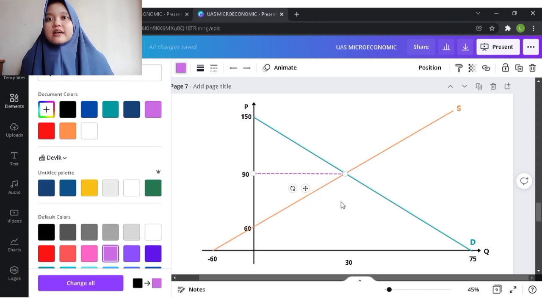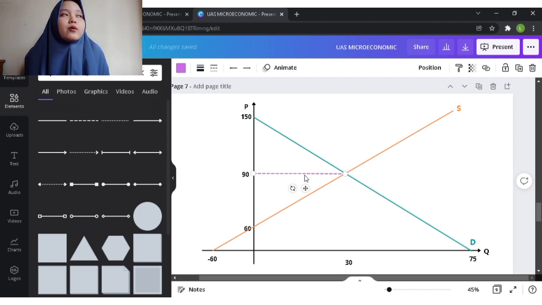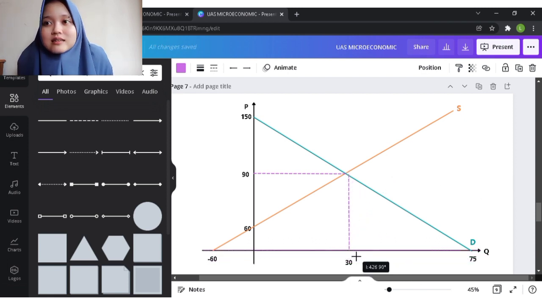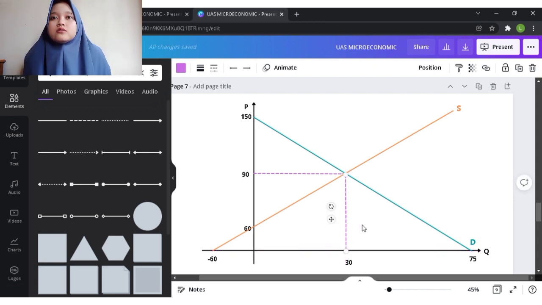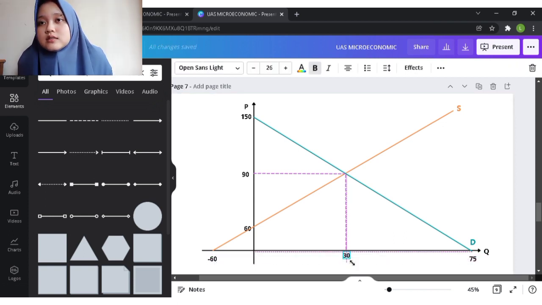In this case, the price that both consumer and producer agree on is 90, and at the price of 90, the quantity that both agree on is 30.